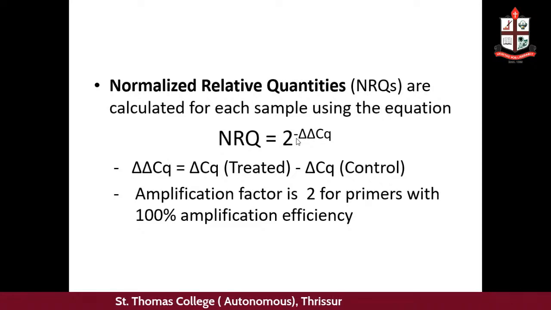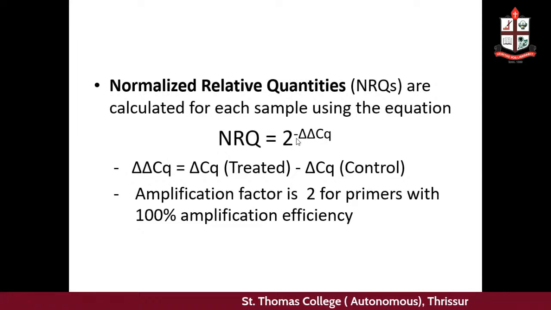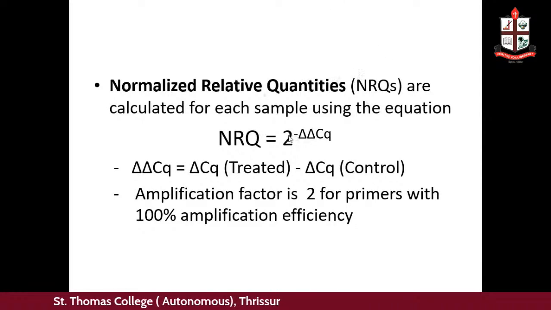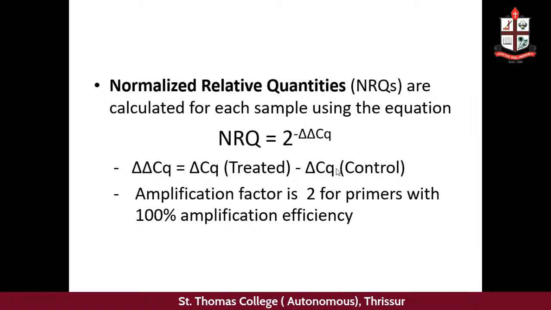And if the initial copy number is high, then the PCR will take fewer cycles to reach the same threshold. So here CQ has an inverse relationship with the initial copy number of your gene. That's why here we give a minus. So that explains the equation, and this will give the normalized relative quantity in treated compared to control.